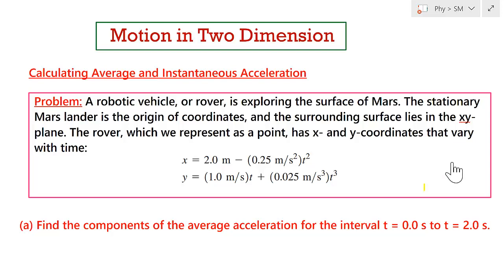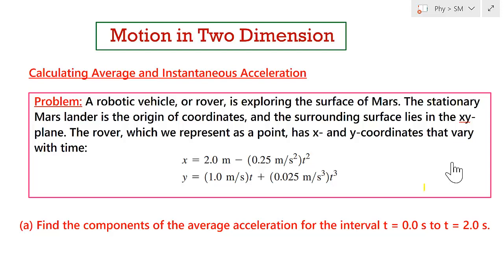Hello friends, in the last video we discussed the theory for calculating the average acceleration and instantaneous acceleration, and that was for two-dimensional motion. That is, if motion has two components of velocity Vx or Vy, then how we calculate these two terms, average acceleration and instantaneous acceleration.